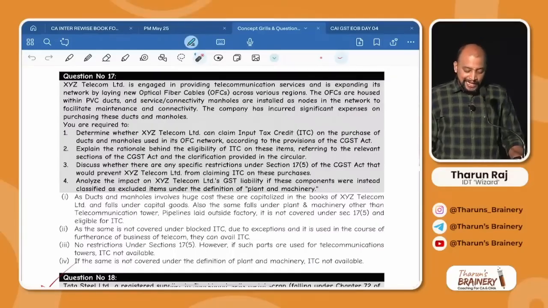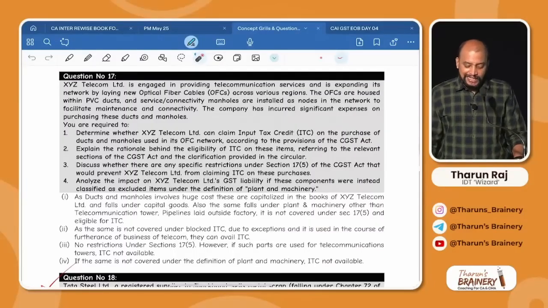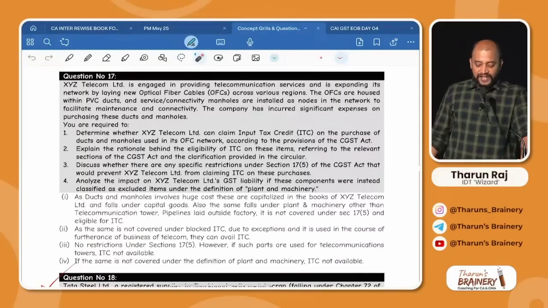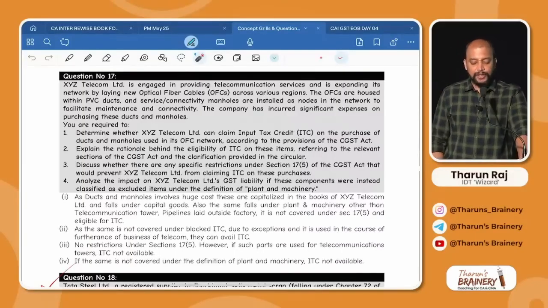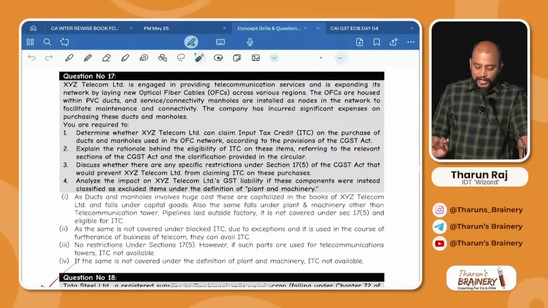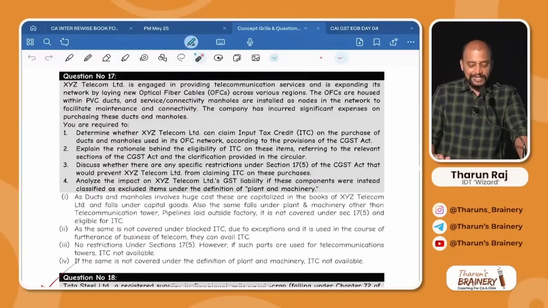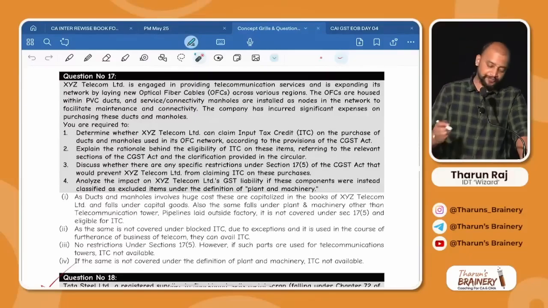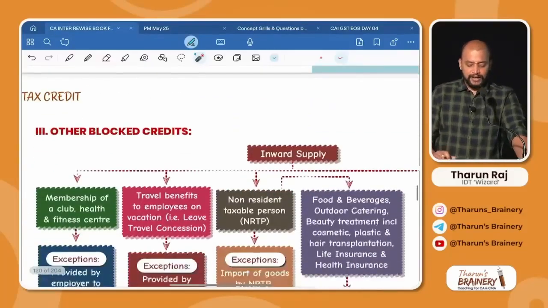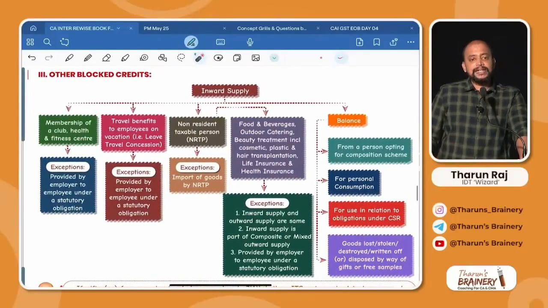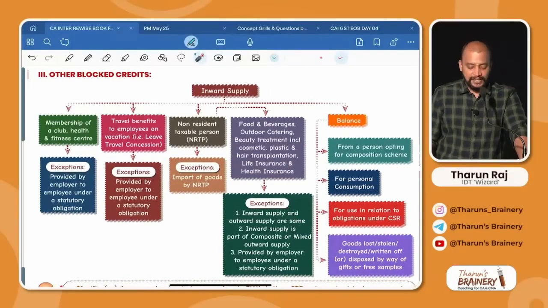Then 4, analyze the impact on XYZ Limited's GST liability if these components were instead classified as excluded items under the definition of plant and machinery: then ITC is not available. If the same is not covered under plant and machinery, then ITC is not available. Got it? Then come back. We are now discussing other blocked credits. These are some miscellaneous blocked credits here.